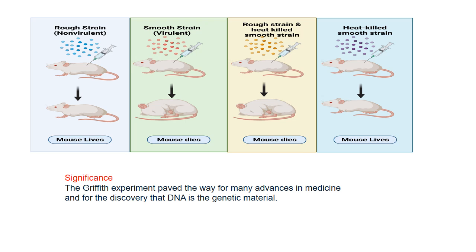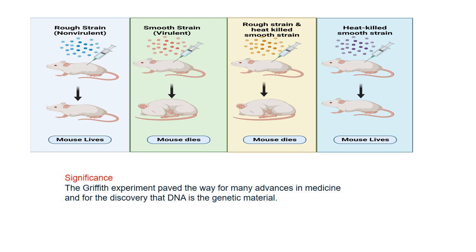The mouse dies because the smooth strain is virulent. In the third diagram, we can see the rough strain and heat-killed smooth strain are both given to the mice. The mice die. And in the fourth diagram, we can see the heat-killed smooth strain is given to the mouse, but the mouse lives.